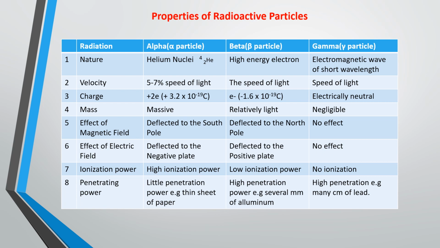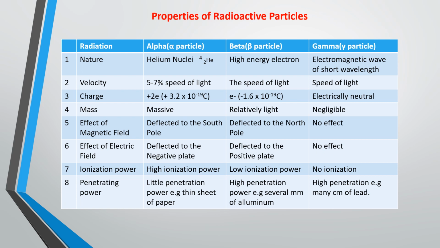Then gamma rays have higher penetration, they can penetrate through many centimeters of lead. So these are some ways that you can differentiate between alpha, beta, and gamma particles. If they say differentiate between gamma, beta, and alpha particles, this is where you can just pick some of this information from the table, and then your answer is readily available.